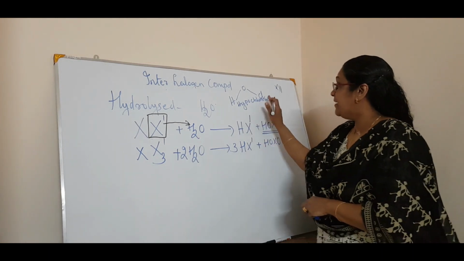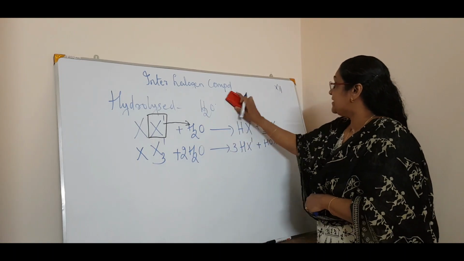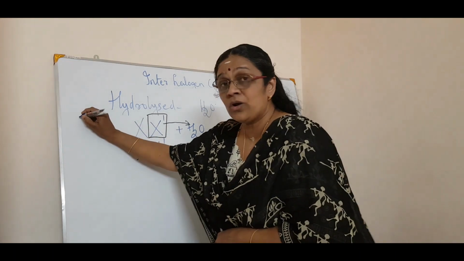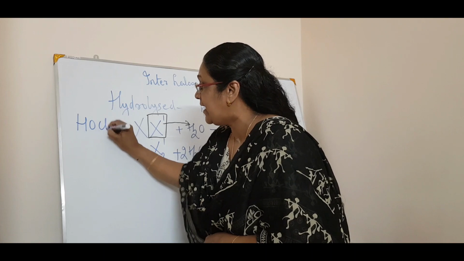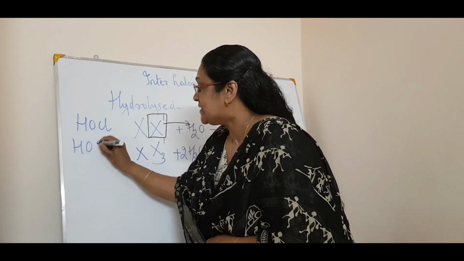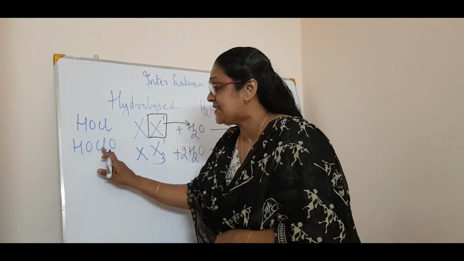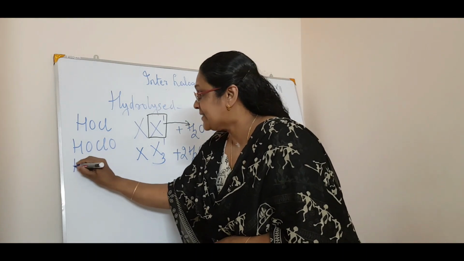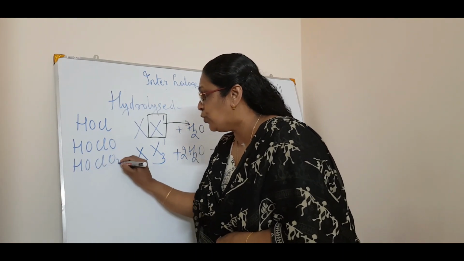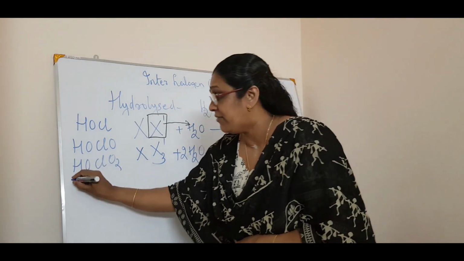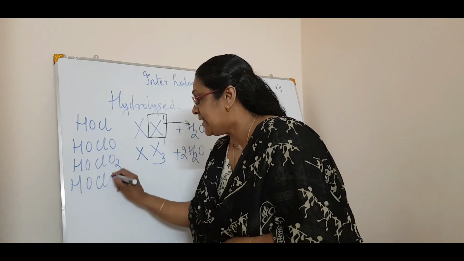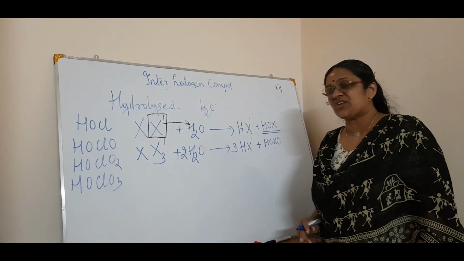Yesterday we have studied, see if I am connecting it, yesterday we have studied 4 oxo acids: HOCl, correct, HOClO, which I said HClO2, correct. Next is HOClO2, that is HClO3, we have the structure, and HOClO3. Are you remembering the structure?